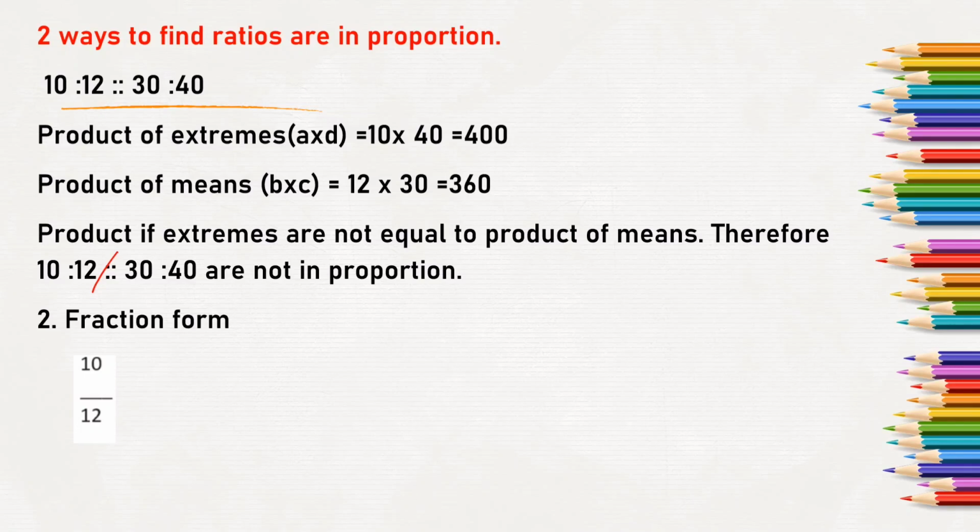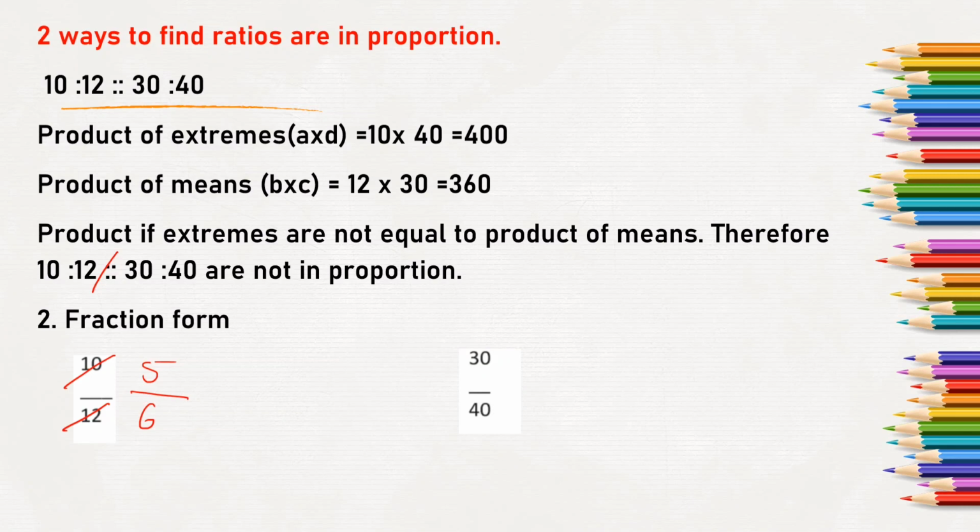Both are divisible by 2, right? 2 fives are 10 and 2 sixes are 12. We divided both by 2 and got 5 by 6. Next is 30 by 40, which is 30 is to 40 written in fraction form.